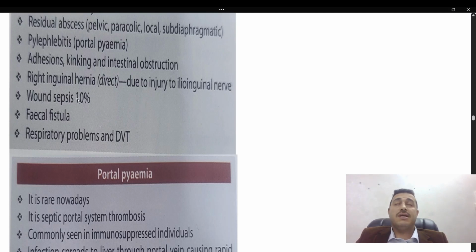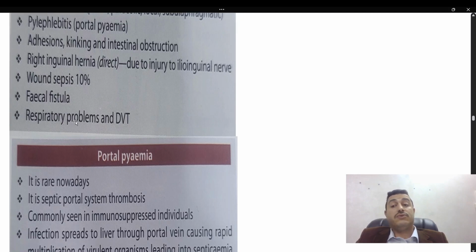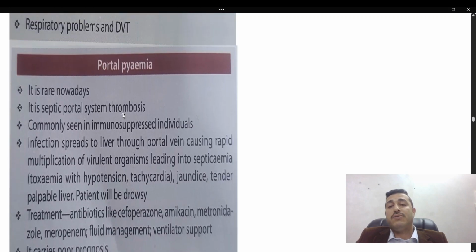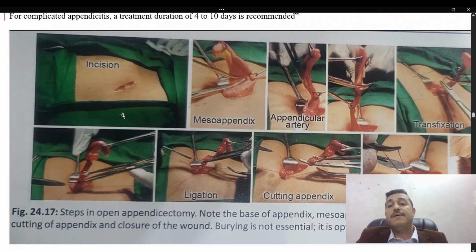Sepsis depends on complicated or uncomplicated appendicitis. If it's uncomplicated, the risk of surgical site infection is 5%. If it's complicated, it reaches 20-25%. Fecal fistula, if we have the stump blow out, an enterocutaneous fistula will develop. Respiratory problems and DVTs can develop as post-operative complications. Here they talk about the portal pyemia, we already discussed.